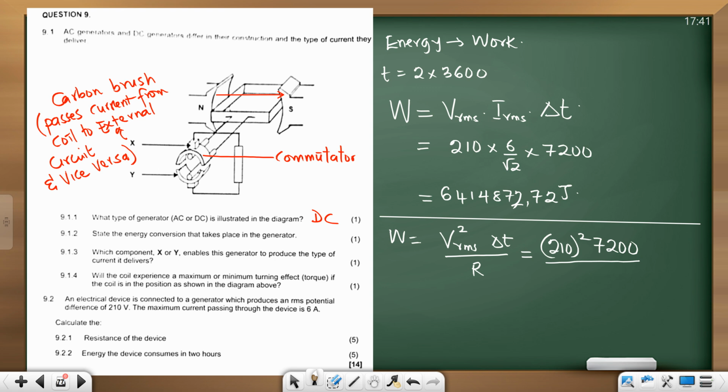What was it? 49.5. All right, our answer will be slightly different because of the decimal. What's your answer? Six four. Yep. 4 5.